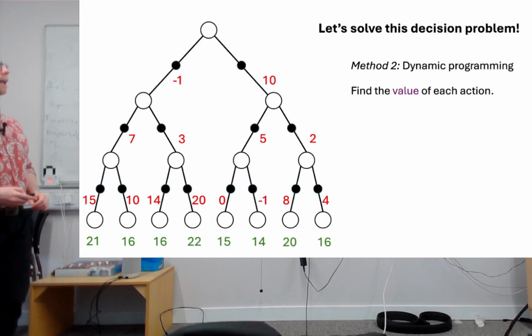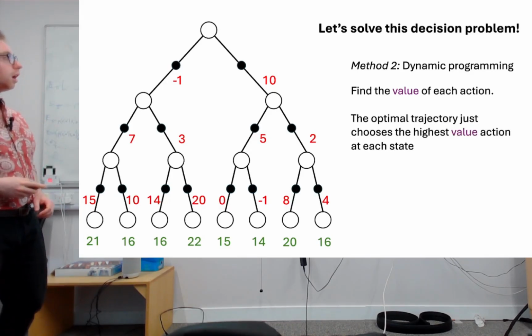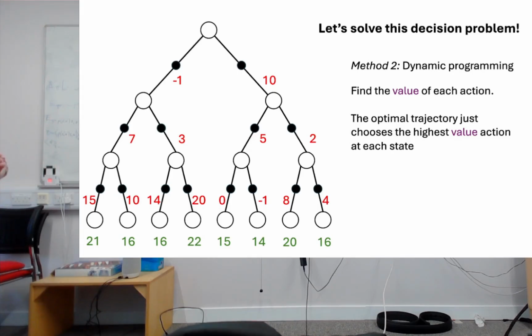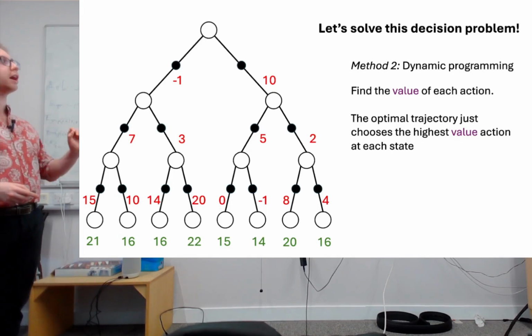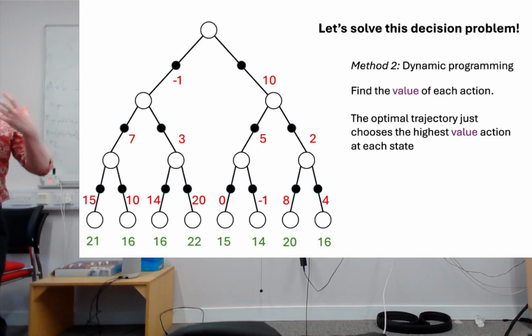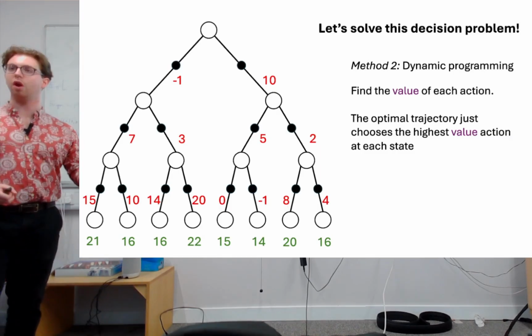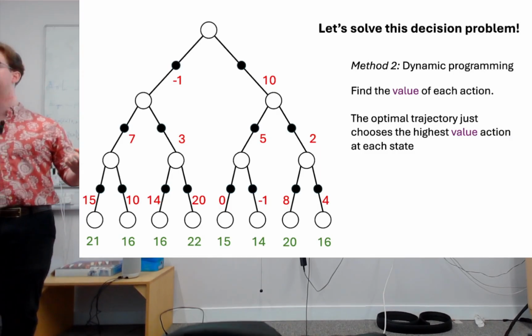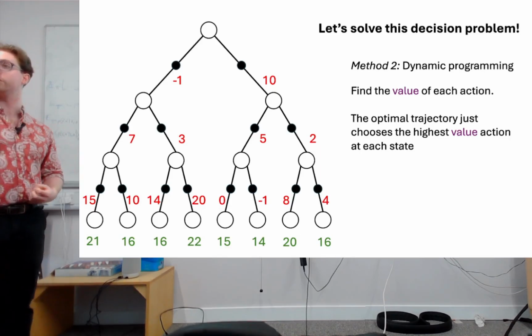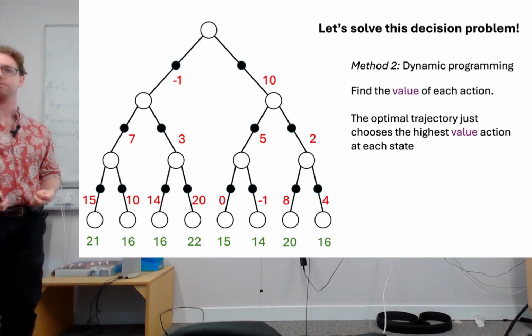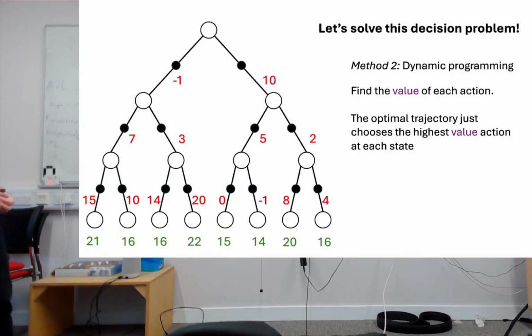So what do I mean by value of an action? The optimal trajectory is just going to be the trajectory that chooses the highest value action at each state. So I need this value to encompass not just the local reward that I'm going to get, but also how good the state that I'm moving into is, right? That's what this value has to accomplish.